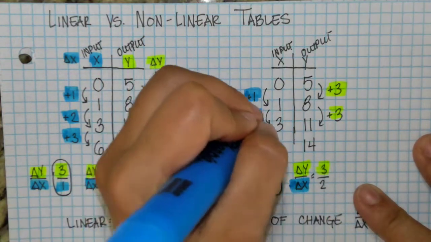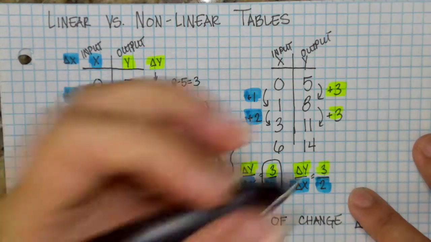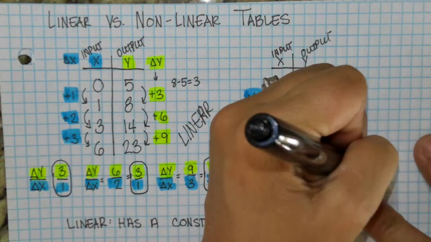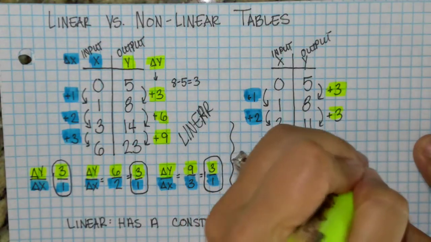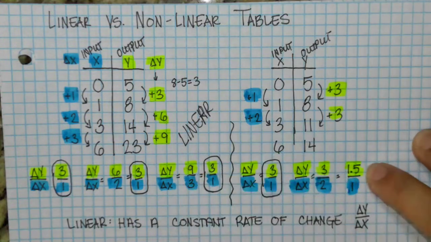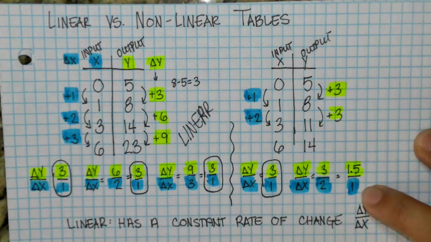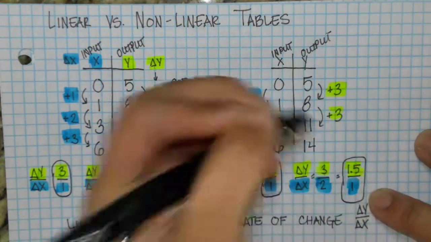Change of x is 2, so I wrote that 2. And as I simplify this, 3 divided by 2, I end up with 1.5 for every 1. And my change of y is saying that I'm increasing by 1.5 every time my x is increasing by 1. And I see right here that it's nonlinear.